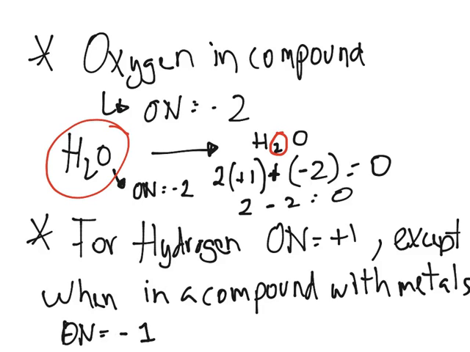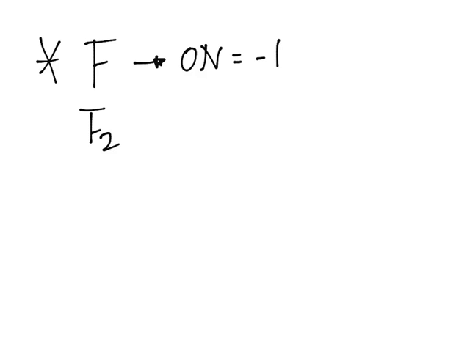And I forgot to mention, there's one more rule that will always apply. Fluorine will always have an oxidation number of -1, except in its elemental form, diatomic, where it would be 0.